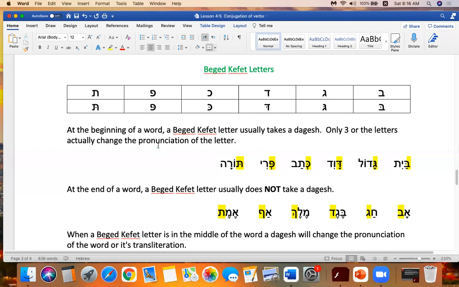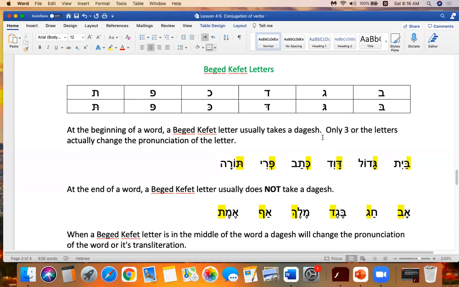Only 3 of the letters actually change the pronunciation of the letter. So bet, vet, kaf, fe, pe. Those are the ones that we know. And it's Beged Kefet because Beged, B, G, D, Kefet, K, F, T, Beged Kefet.